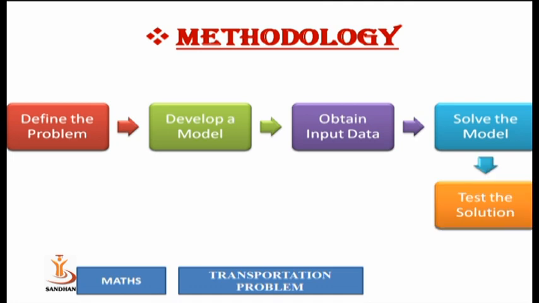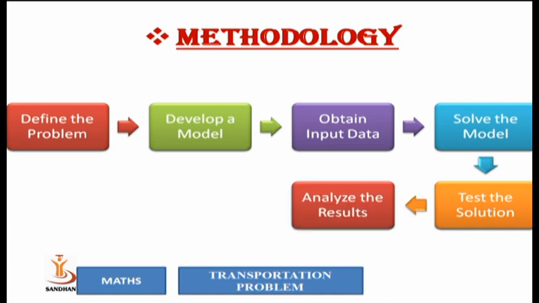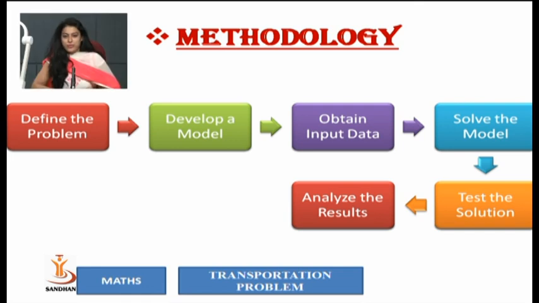The next step is to test the solution. After inputting the data into the model and running it on the computer, we arrive at a solution, and that is when we test the solution. As soon as we test it, we have the result, which we can use to analyze whether it is really working for the current situation.